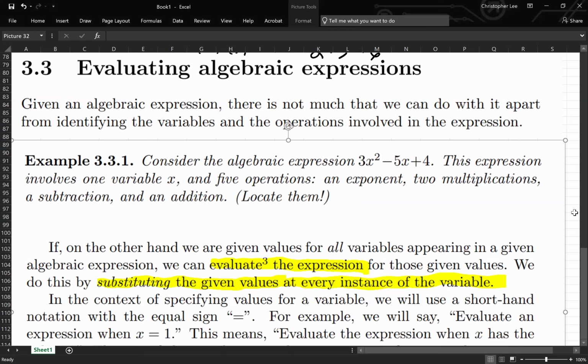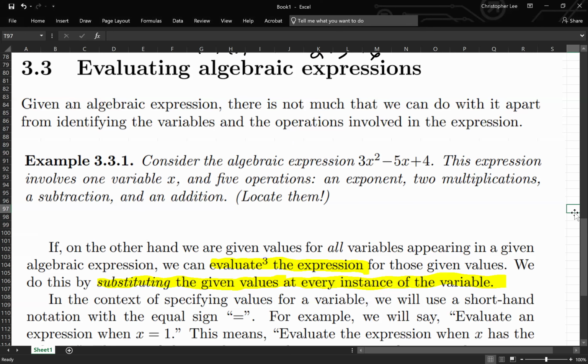All right, so let's look at an example. Consider the algebraic expression 3x squared minus 5x plus 4, right? This expression involves one variable, which is x, and 5 operations, right? An exponent, right? So our exponent is here. That's the square term that's right there. 2 multiplications.